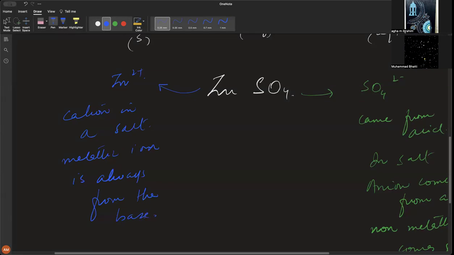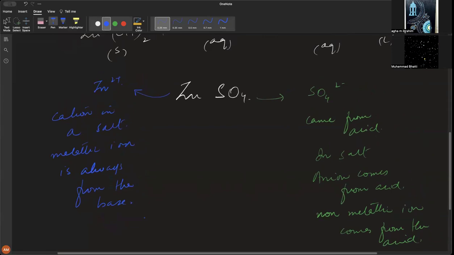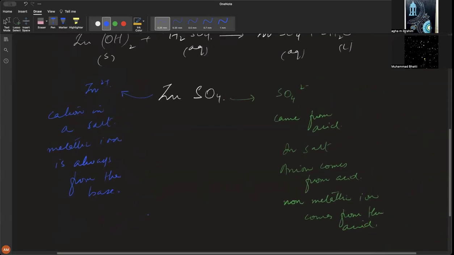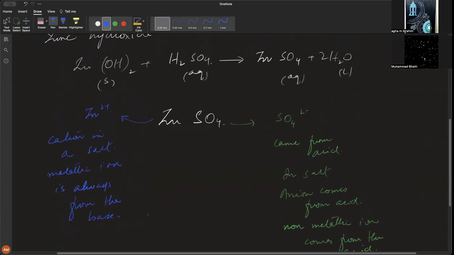You get it? Whenever you're looking at a reaction, if you want to make a salt, it's very easy. The metallic ion, or the cation, comes from the base, and the anion for that particular salt comes from the acid. Is this clear to you?